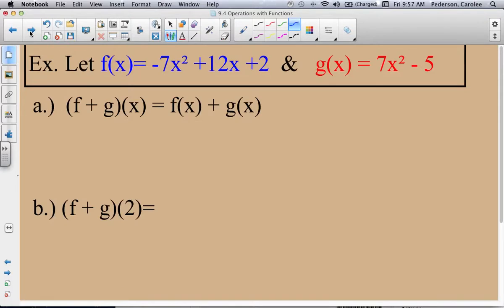We have these two given functions, the blue function and the green function, and we're going to do some operations with them. So the first thing we want to do is add the two functions together. We're going to take the f function and add it to the red function.